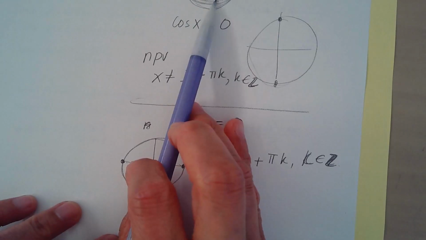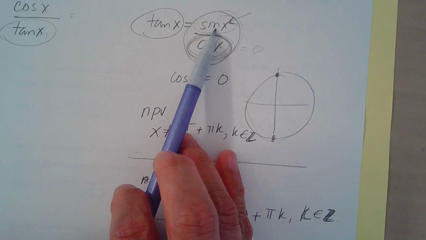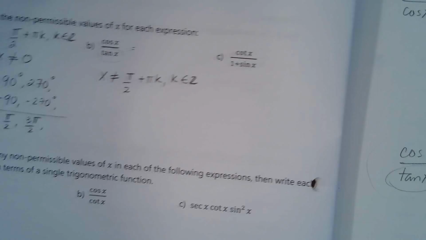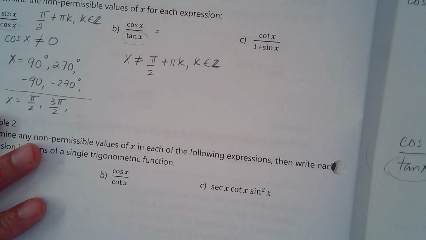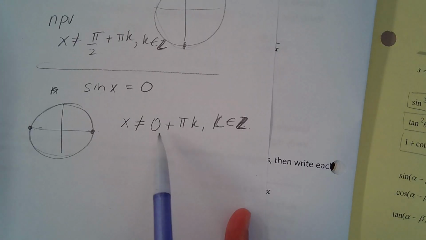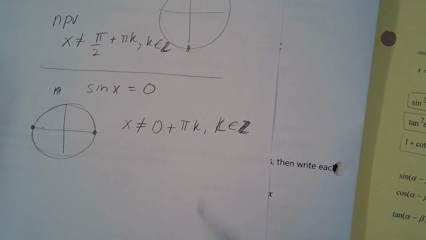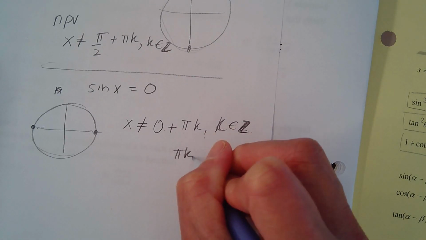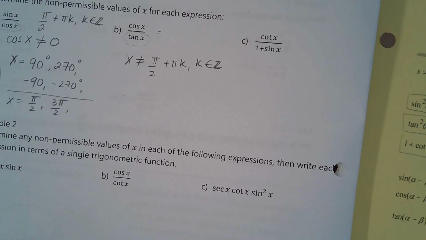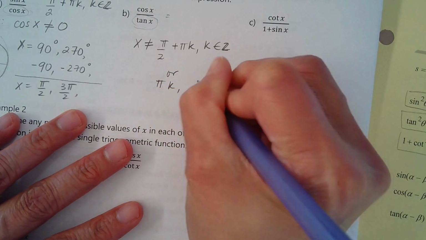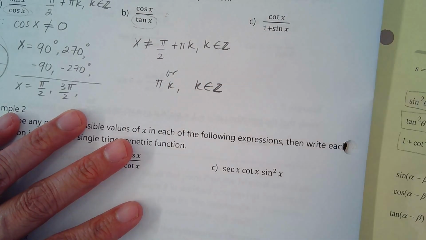Because the cos might not be 0, but the sine might be 0, which makes the whole thing 0. Okay, can we simplify this? 0 plus pi k is really just pi times k, where k is an element of an integer.